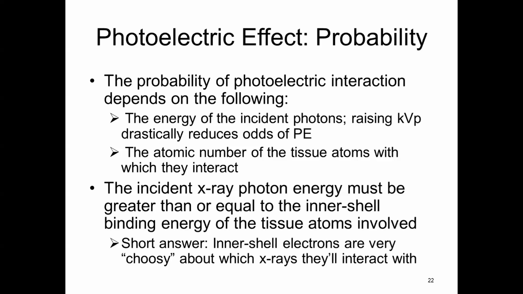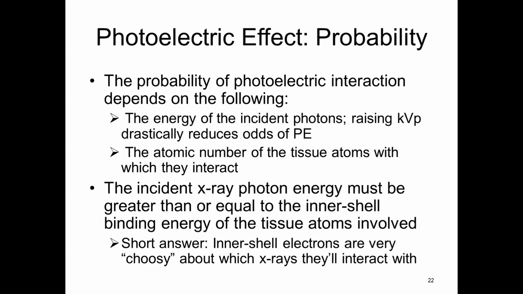Diving just a little bit into the physics here, the incident X-ray photon, the X-ray that's coming in, has to have enough energy to meet or exceed the energy that's holding that electron in orbit around the nucleus of an atom. If not, it's not going to have a photoelectric interaction.